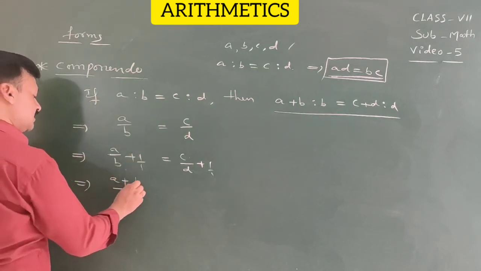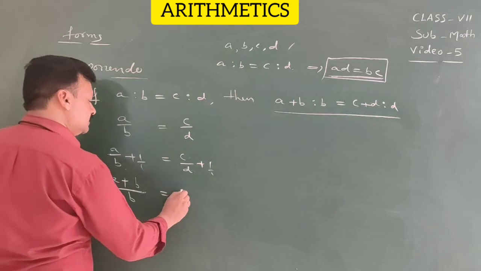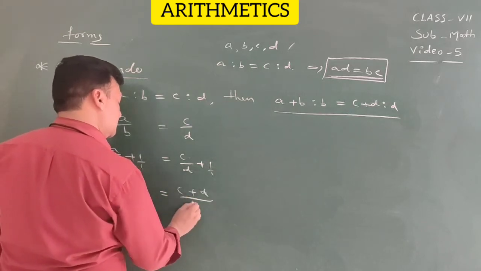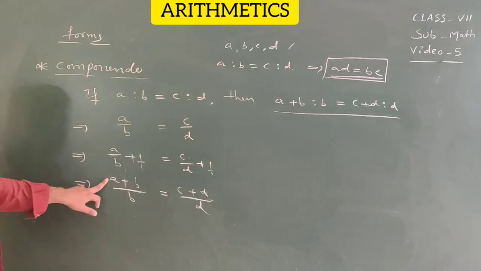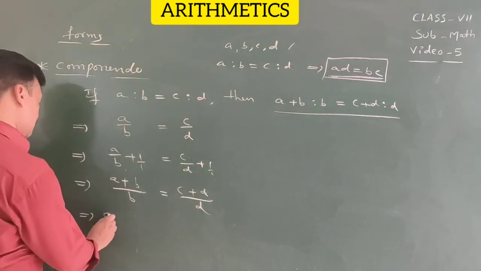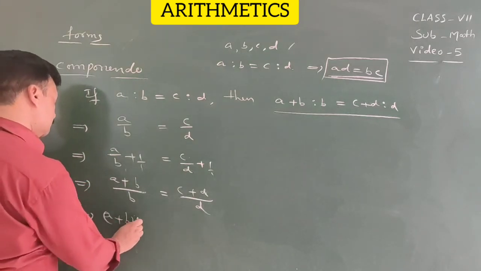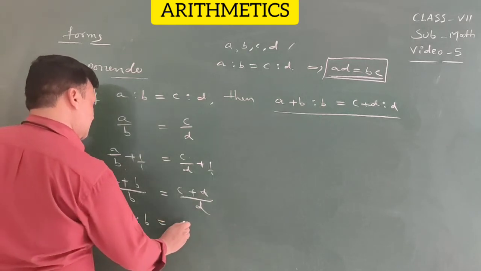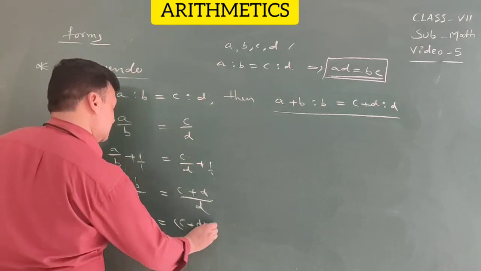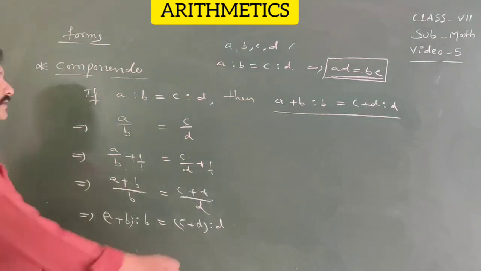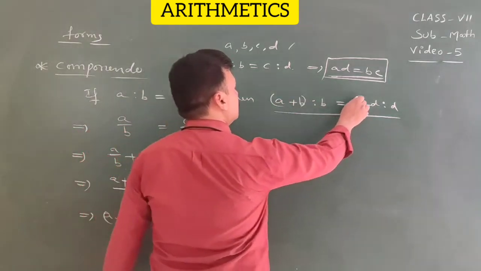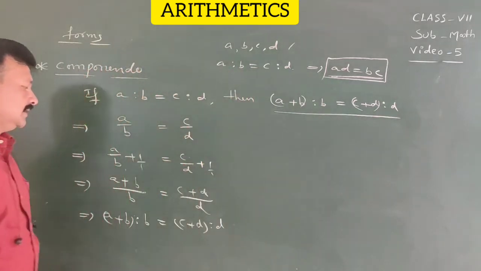A plus B over B, C plus D over D. So A plus B by B is nothing but A plus B is to B, and C plus D by D is nothing but C plus D is to D. Okay, like this we get.